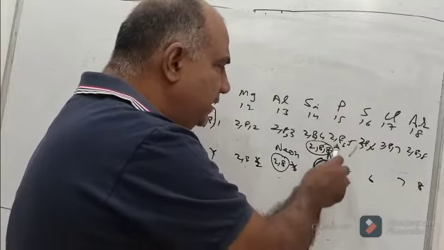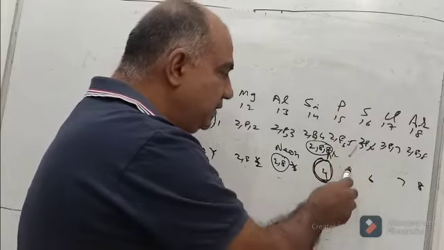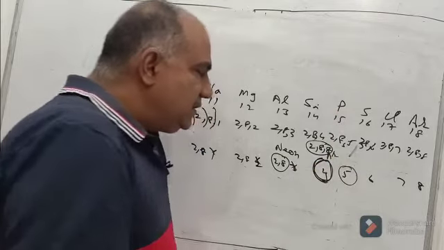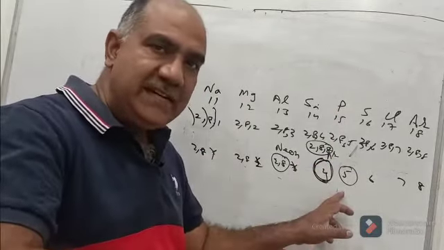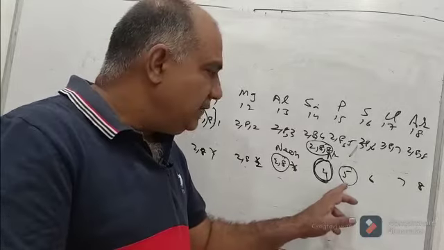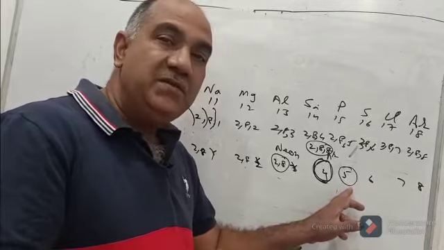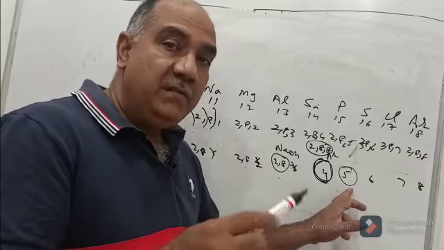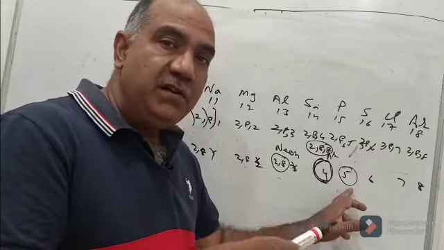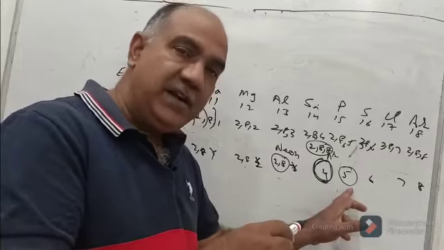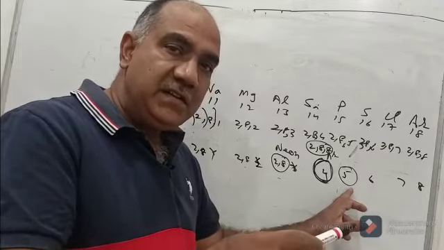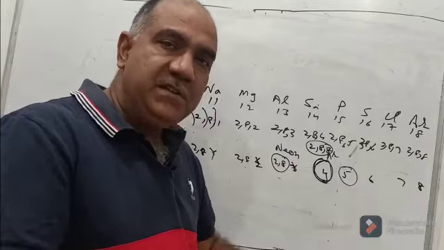Atomic number is 15, electron configuration is 2, 8, 5, the valence electrons are 5. Now we will further extend our definition of valency. Valency of an element is also said to be like this, that it is the number of electrons that are required to be gained by one atom of an element in order to complete its duplet or octet, thereby achieving nearest noble gas configuration. It becomes stable.